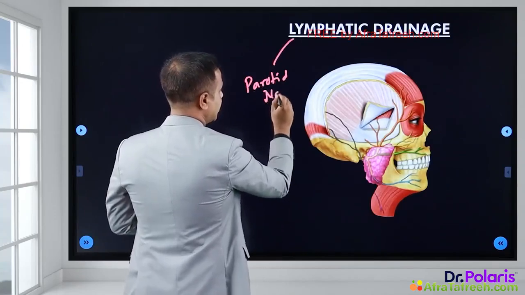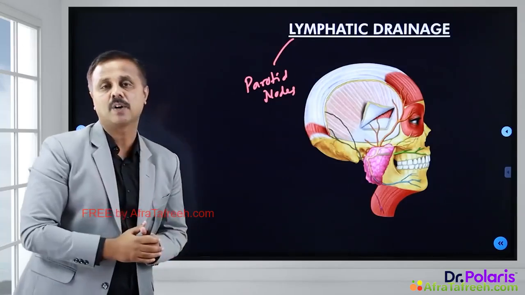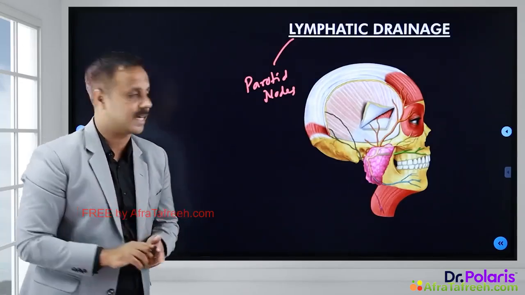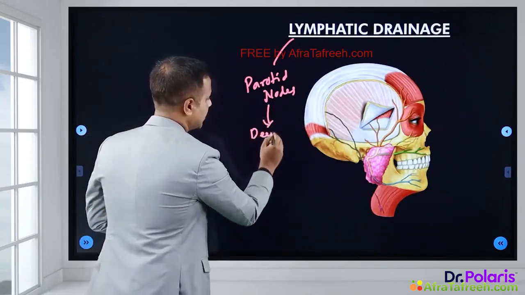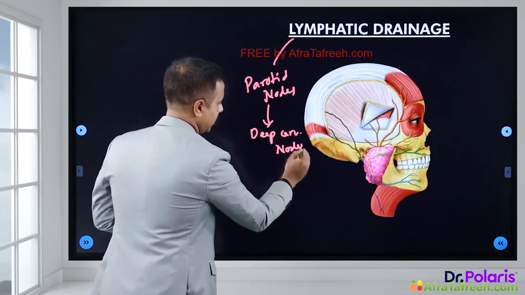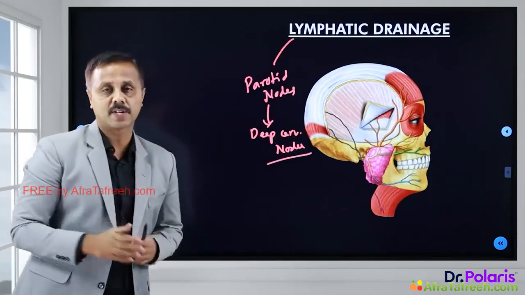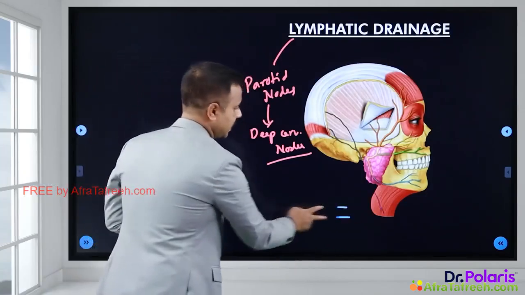Where are the parotid nodes situated? Parotid nodes are situated on the anterior or superficial surface of the parotid gland. Then from here, the lymph can go to the deep cervical nodes. Right? This is regarding the lymphatic drainage of the parotid gland.